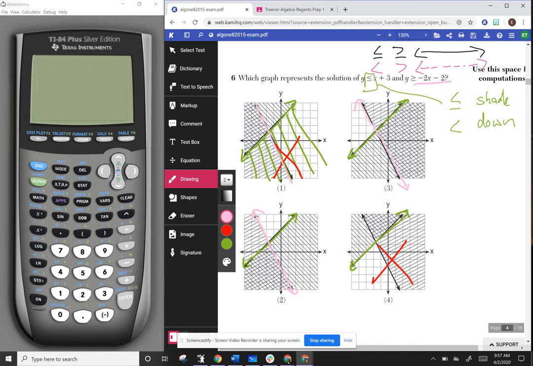So just these two. And this one has a greater than or equal to sign. So we know this needs to be shaded up. So looking at option number 2, above the pink line would go up this way. And we could see that 2 is not shaded above, but 3 up this way is. So in this case, your answer choice is going to be 3.